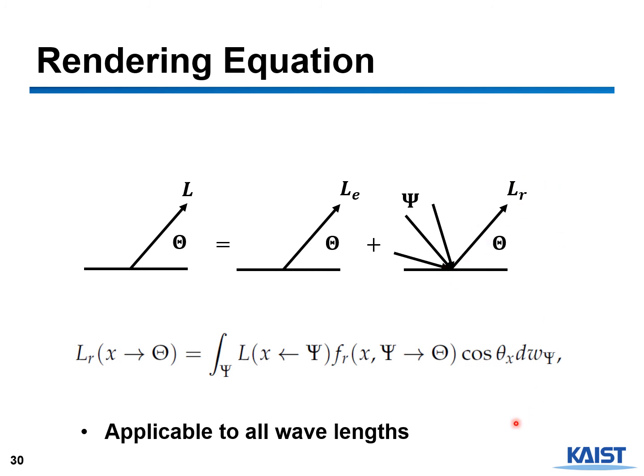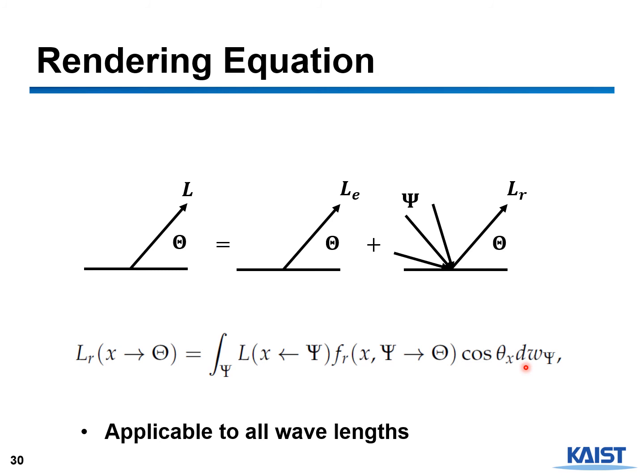That's why we need to consider another cosine term, cosine theta at the position of x here, and then we integrate over all the possible solid angles over the hemisphere whose center is at the location of x. Here I didn't really talk about frequency or wavelength, but this equation is applicable to all possible wavelengths.